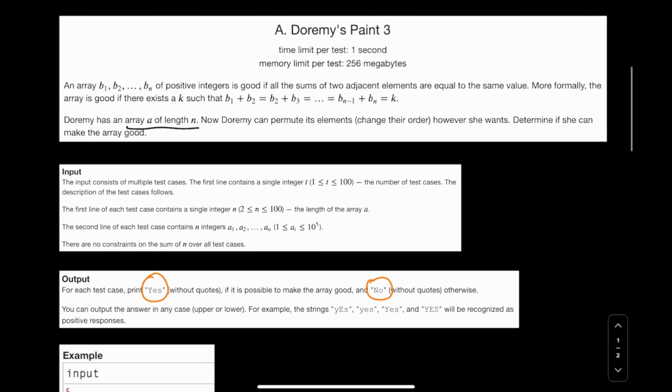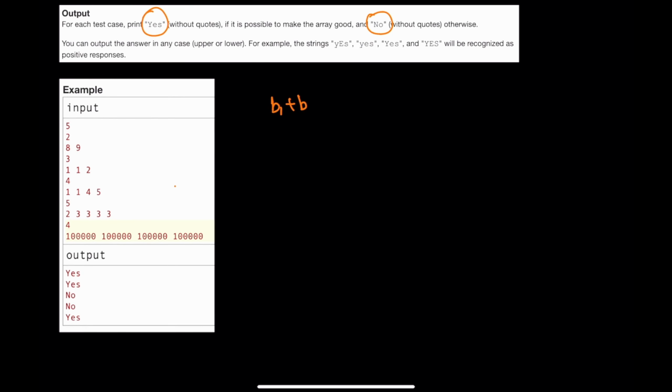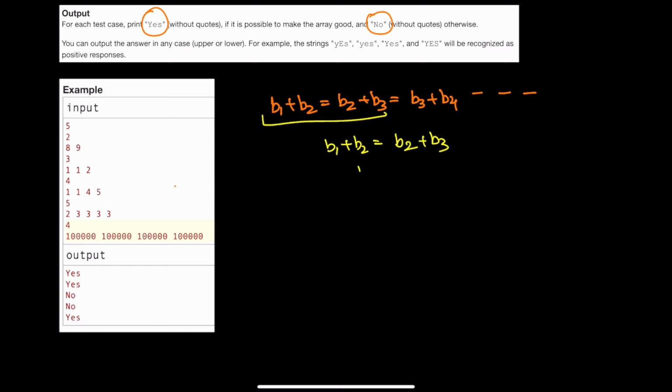So let's go over the things. We are given this condition. So let's work on this condition. We are given b1 plus b2 equals b2 plus b3 equals b3 plus b4 and so on. Looking at this statement, we can very well say that b1 equals b3, right?